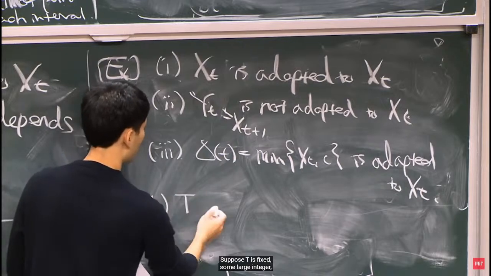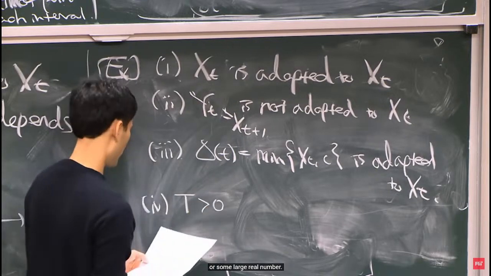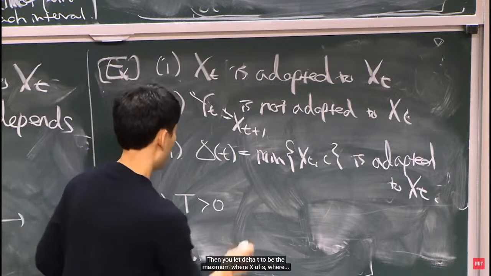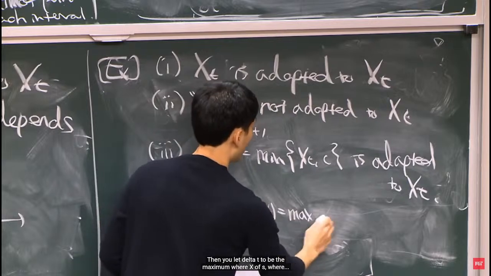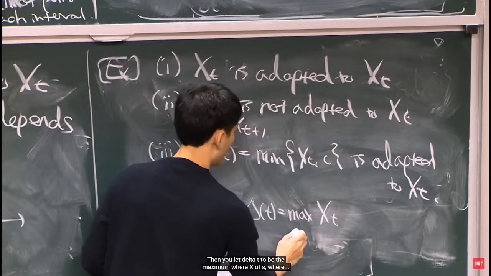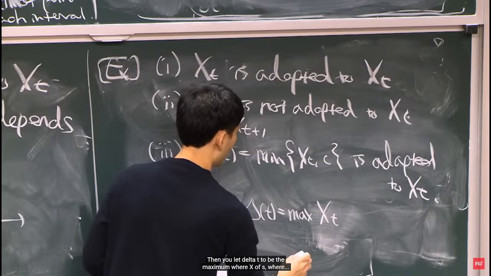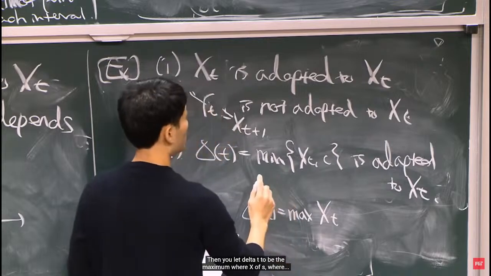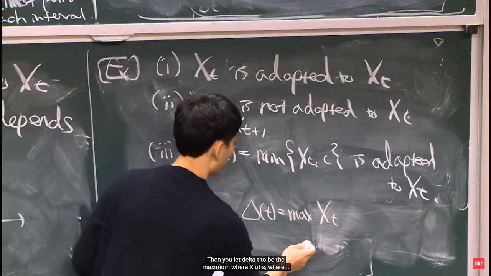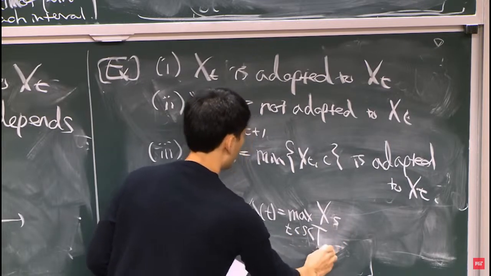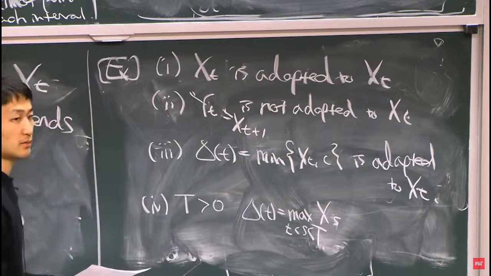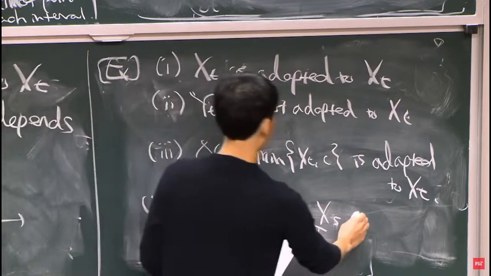Suppose t is fixed, some large integer or some large real number. Then you let delta t be the maximum of x of s, where s ranges up to that large t. It's not adapted.